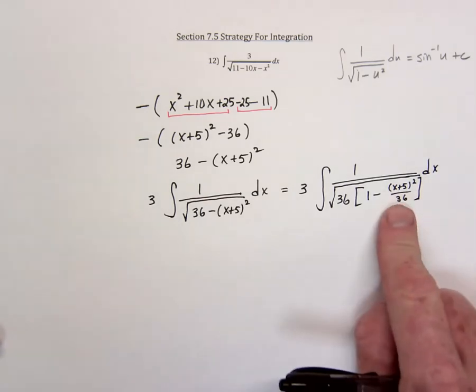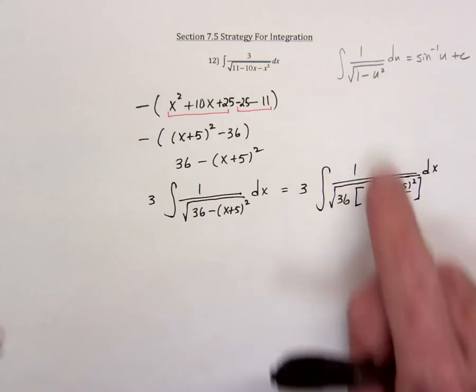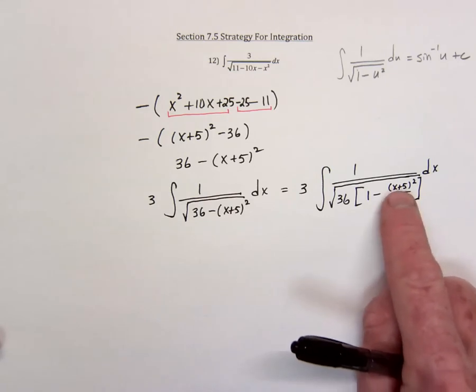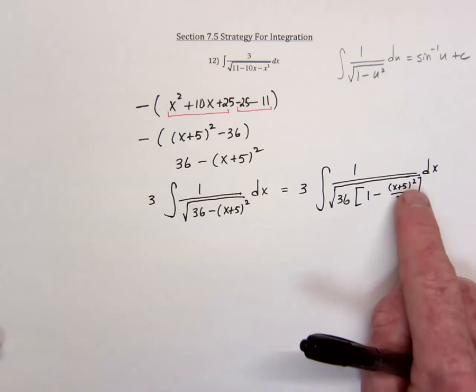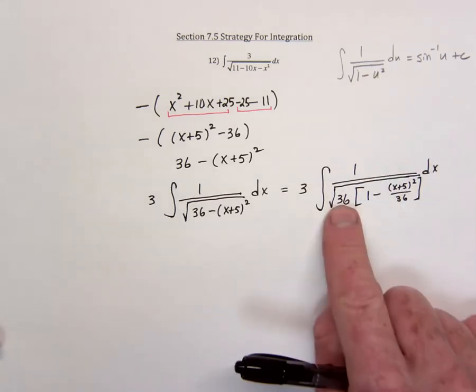And we've almost got this looking like this, but this says that u needs to be squared. So this needs to be one big fraction that's squared. So if I rewrite it as x plus 5 over 6 and then square the whole thing, then it will look like this. Also, this can be factored out. So the square root of 36 is a 6 in the denominator.